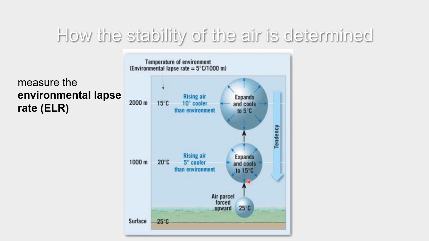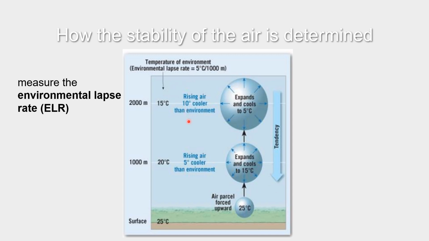So this is the adiabatic rate, and as you can see, the rising air is cooler than the environment, so there is a tendency that it will sink down to its original position.